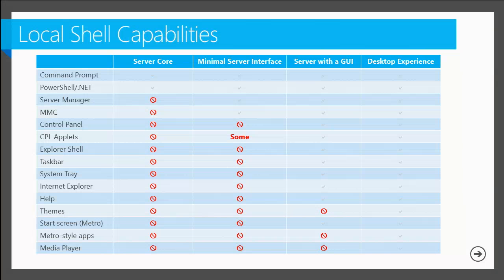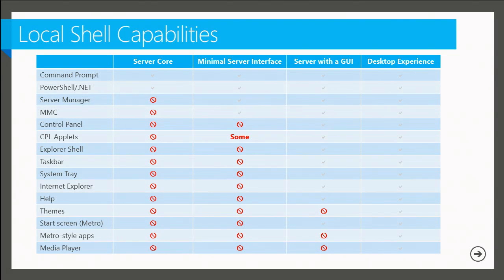Minimal server interface is that middle layer that has Server Manager, but it also does have MMC. What this means is that when you go to tools, you will see how to manage the Active Directory users and all that, which is not in Server Manager by default. You can use it through MMC as well. So whatever you have in MMC, you can actually pull it out in minimal server interface mode and use that as well.